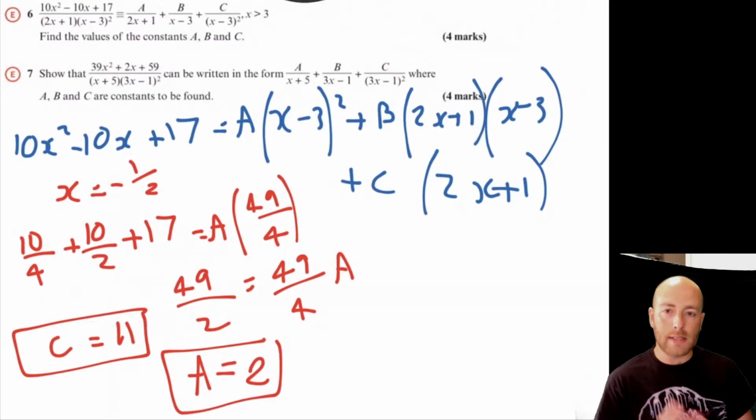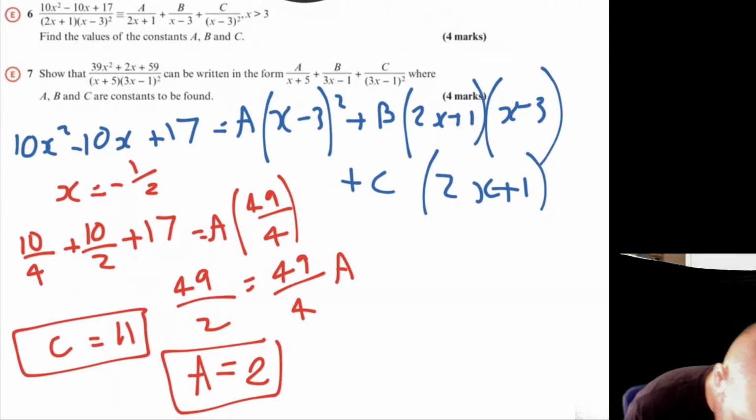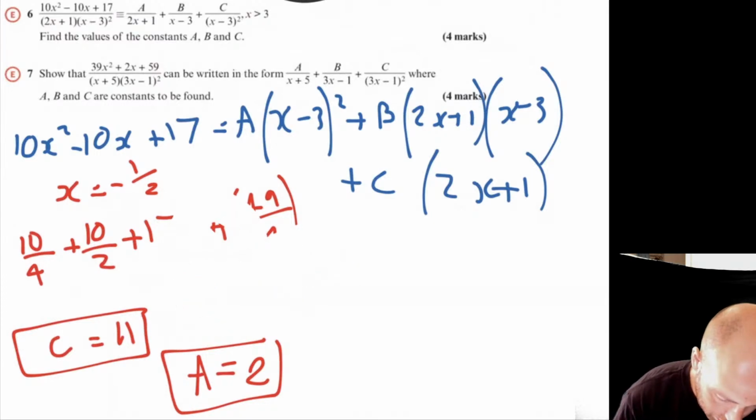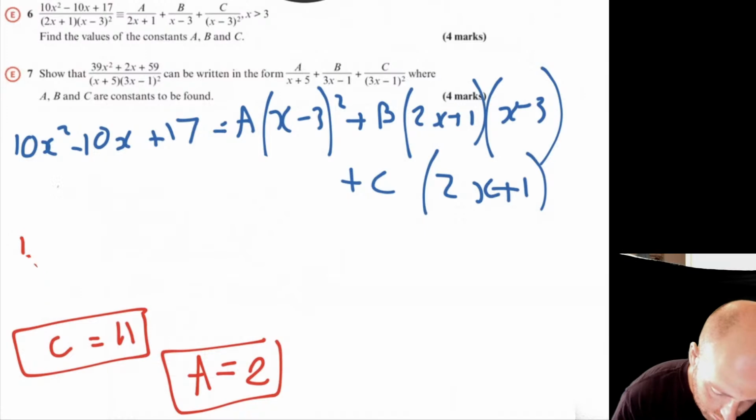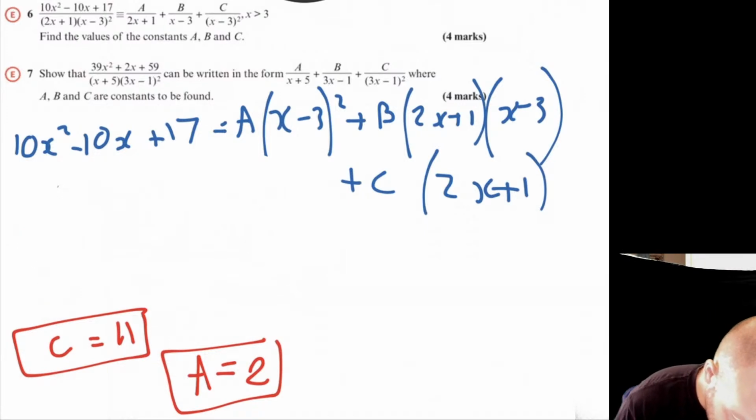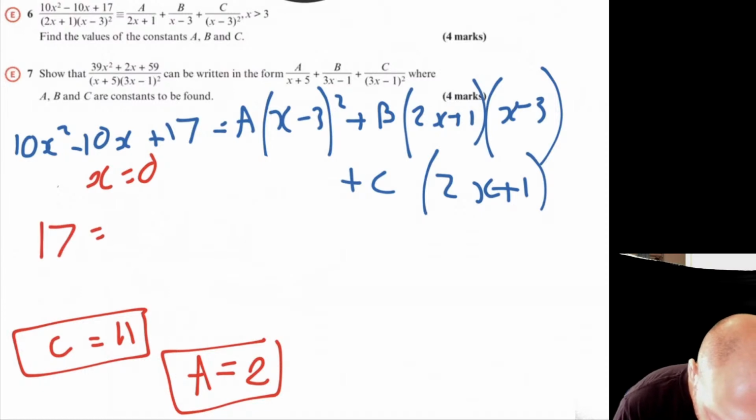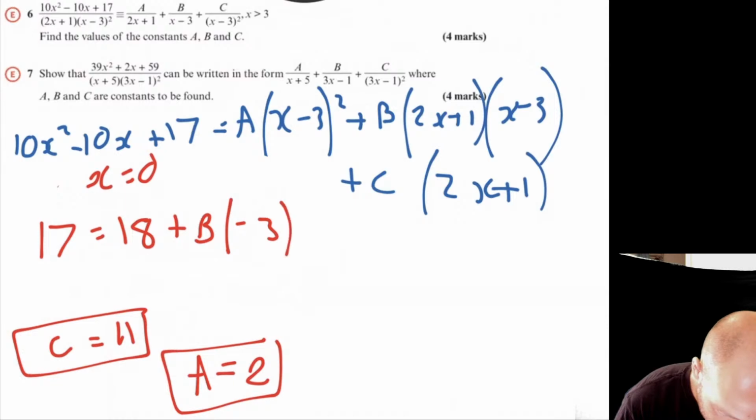Cool, right, once you've got A and C, we can now put in any value to try and find B. So I'm going to put in A and C, and I'm going to say let x equal something easy like 0. So we get 17 equals 18 plus B times minus 3 plus 11 times 1.